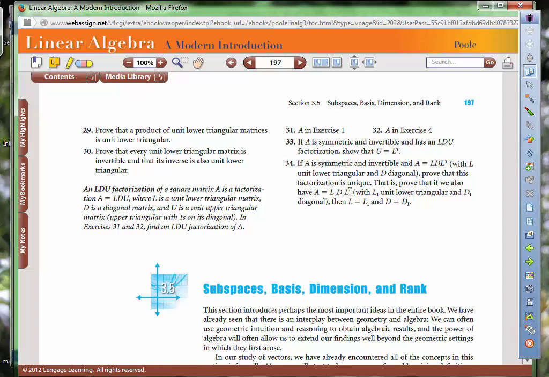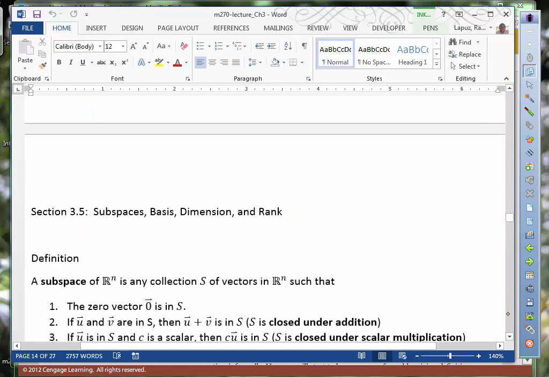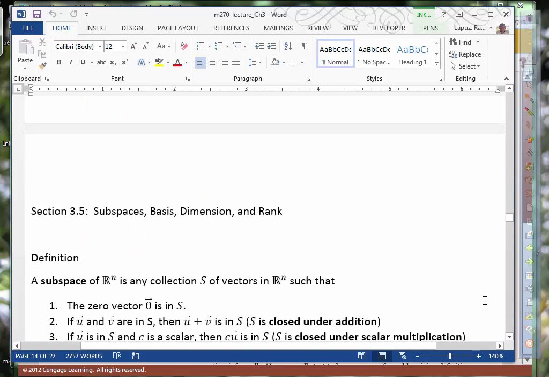It's kind of hard to talk about subspaces when we don't have the basic foundation about vector spaces in general. So what they did here is they tried to simplify the discussion by just saying a subspace of Rn. In general, we should be looking at a vector field, and then a subspace of a vector field has certain properties.